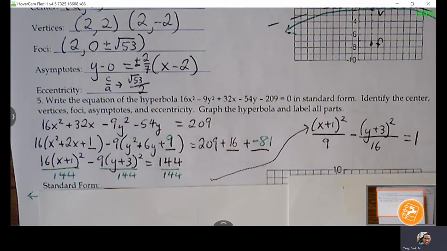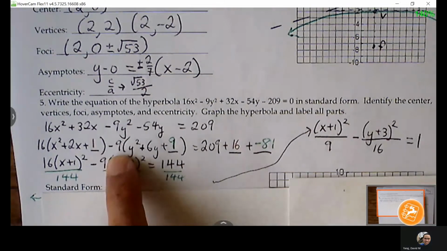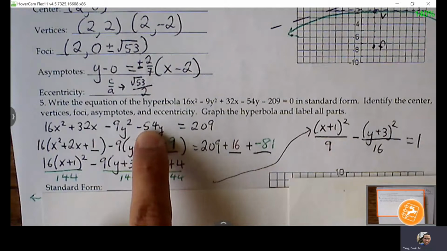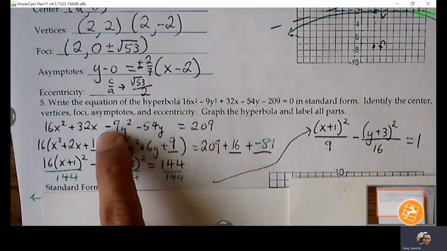Good. Any questions about this? Getting from general to standard form for number 5? Careful with the y's. When you factor out a -9, you know that you got to do something additional because you're dividing by a negative.